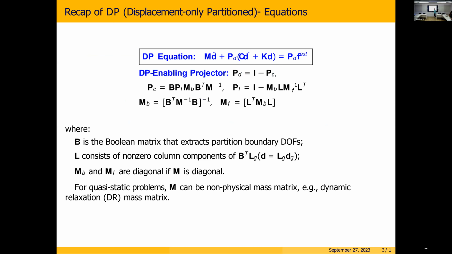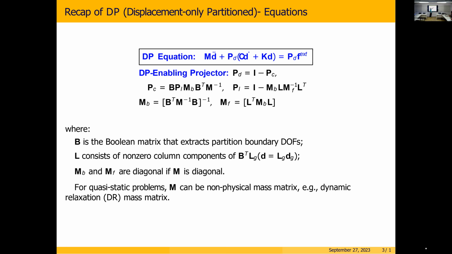Okay, so let me just recap what I mean by TP equation. You don't assemble it. M is a block diagonal, K is a block diagonal, and PD is a projection operator, where PD consists of 2 things. One is identity, means K itself.